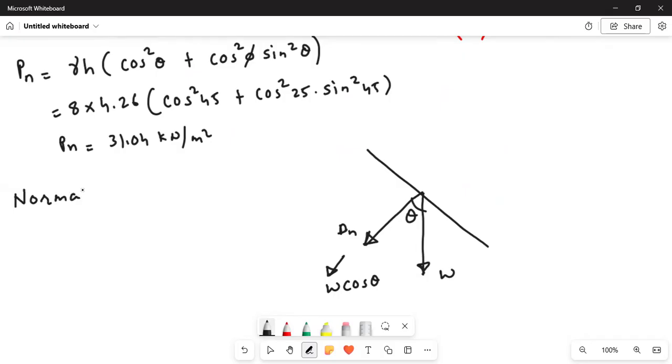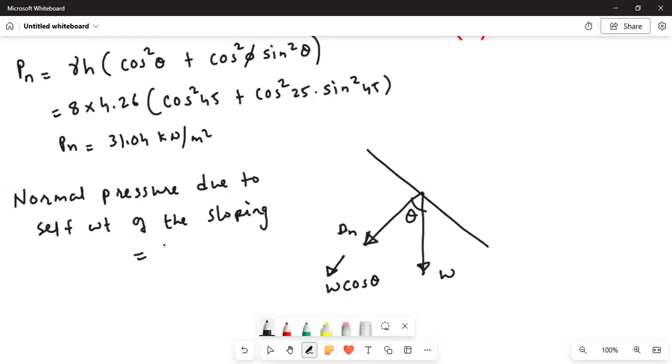Okay. So I will write normal pressure due to self weight of the sloping slab, that is self weight of the hopper bottom.